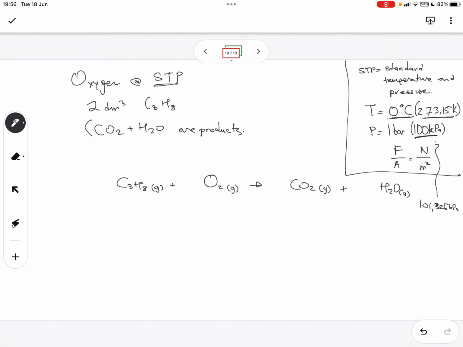But now we must balance our equation. On the left-hand side we've got 3 carbons and on the right-hand side 1 carbon, so we must multiply the carbon dioxide by 3.